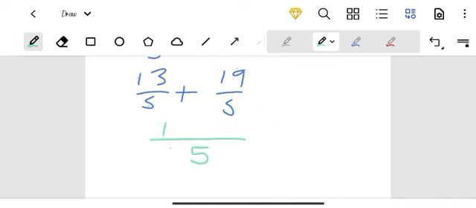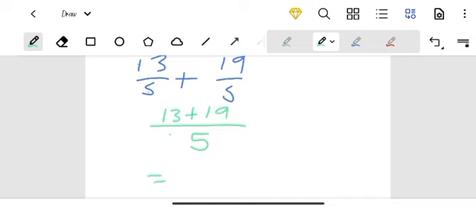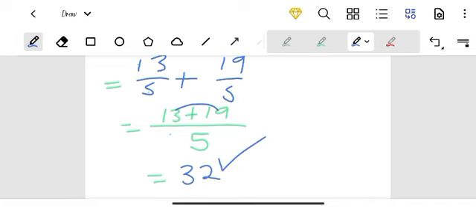That plus that, so it's 13 plus 19, which is going to be 32. You are writing 32 over 5, which is going to be your answer.